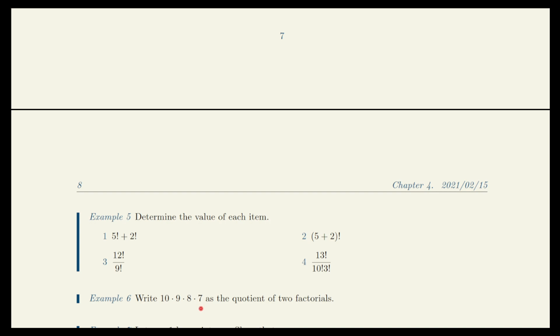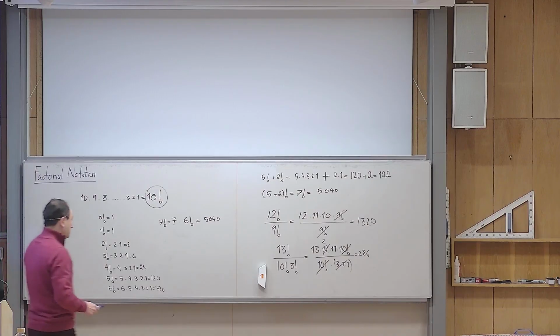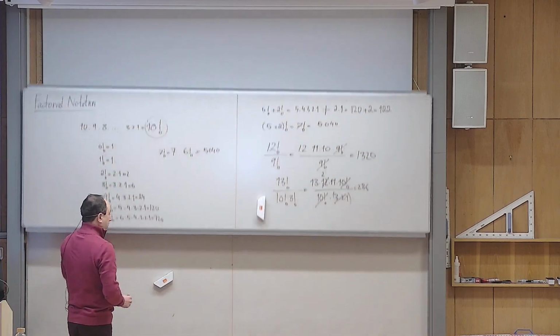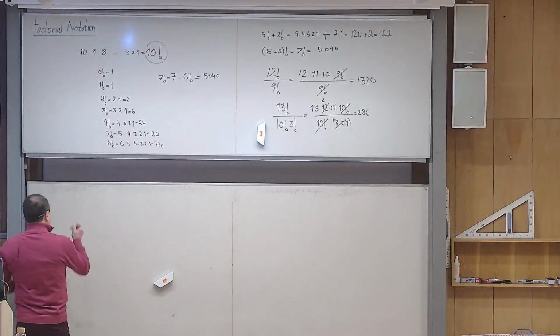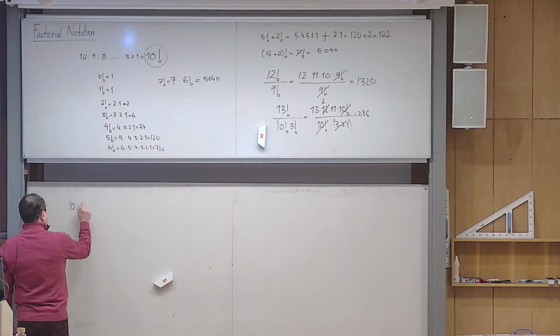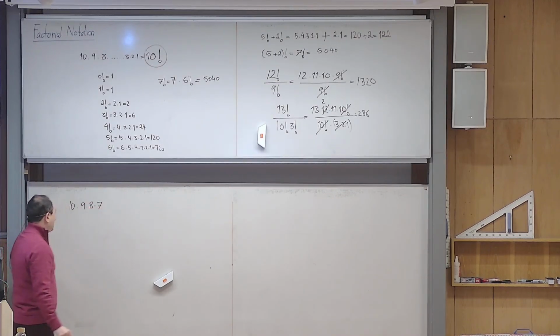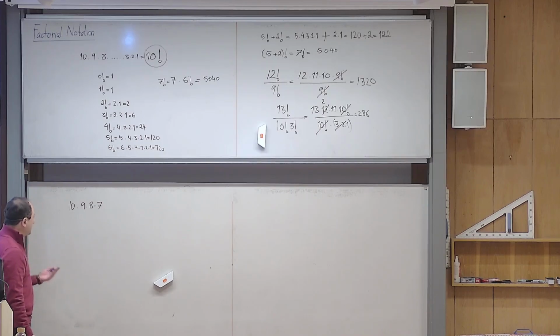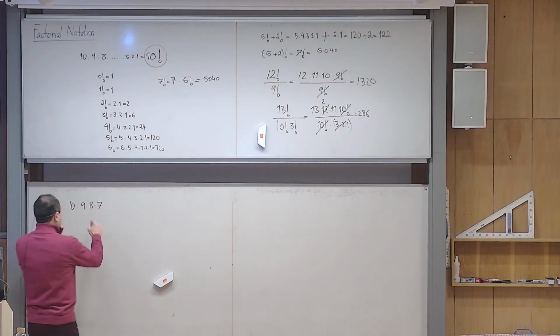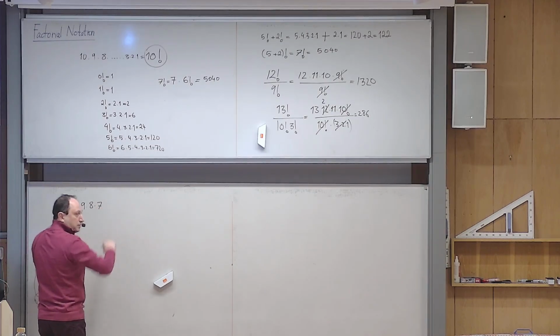This is not 10 factorial, yes? So how should I write that one? So I have 10 times 9 times 8 times 7. I want to use the factorial symbol to write this expression. Yes, so what should I do? For having a factorial, I need to have the product all the way up to 1.